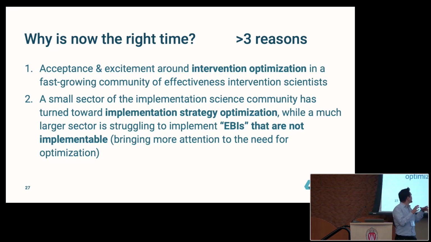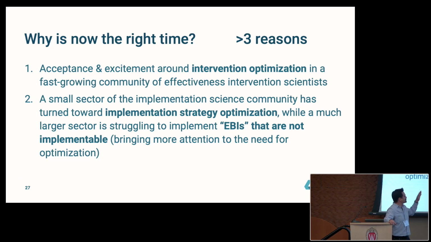Number 2, all right, now this is the part that's about us. One small sector of implementation science community has already turned toward implementation strategy optimization to maximize it, for example. Okay? But another larger sector is struggling to implement EBIs that are not implementable. I get this thrown at me all the time.